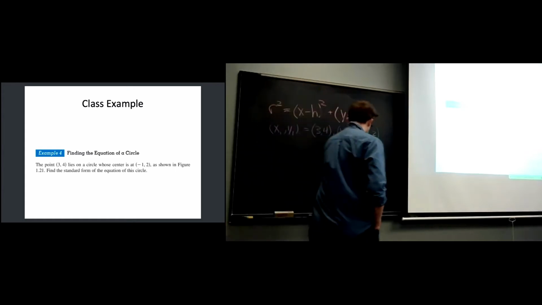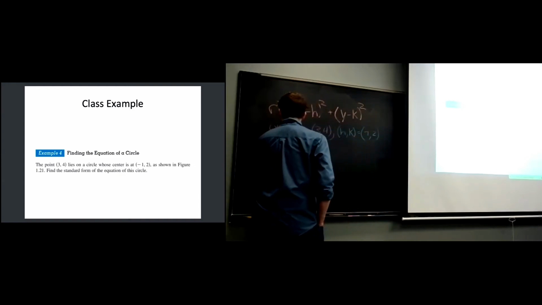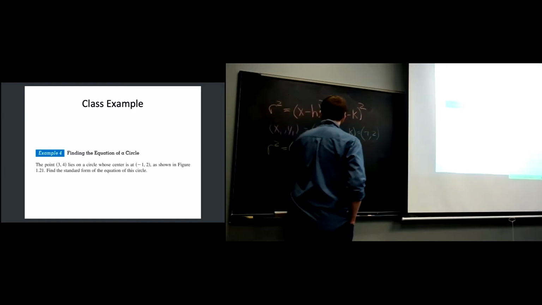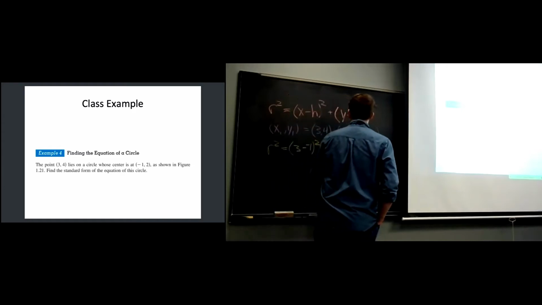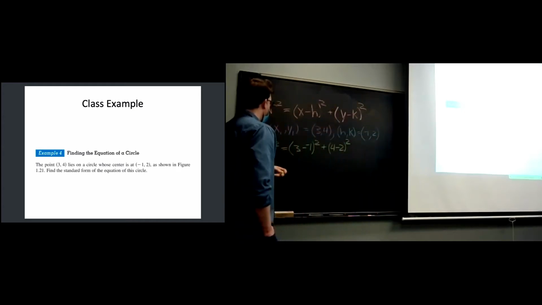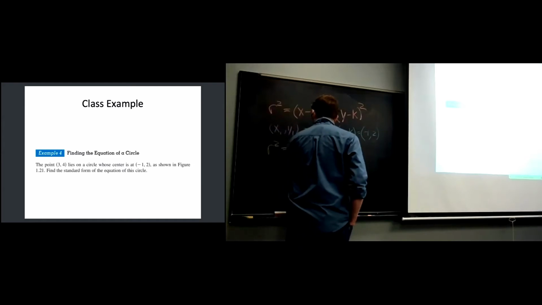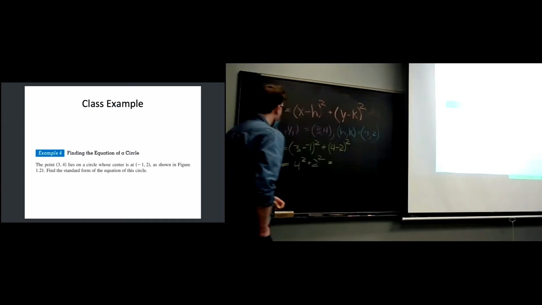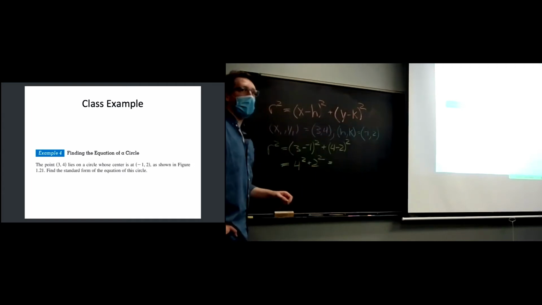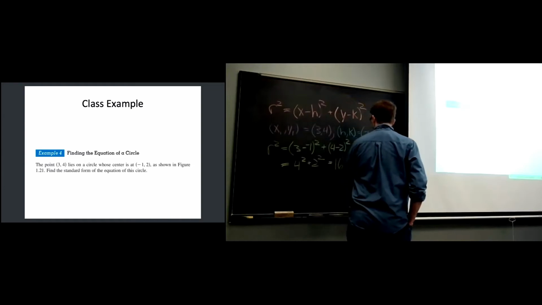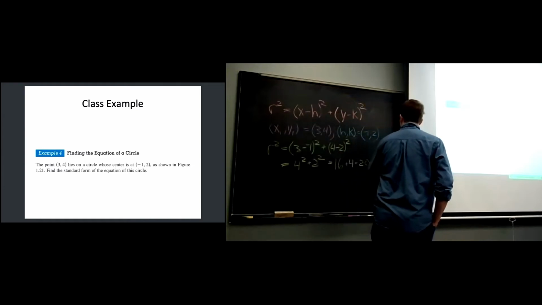So now, putting all of this together, we're going to get r squared is equal to 3 minus -1, that quantity squared, plus 4 minus 2, that quantity squared. So this is going to come out to be 4 squared plus 2 squared, 16 plus 4, right? Or just 20 is equal to r squared.